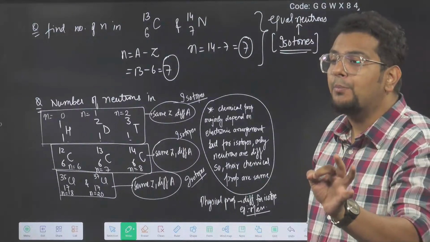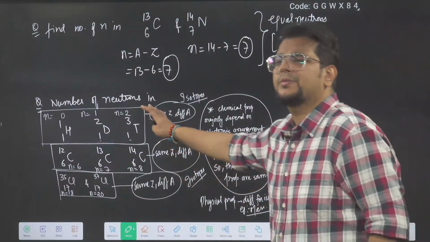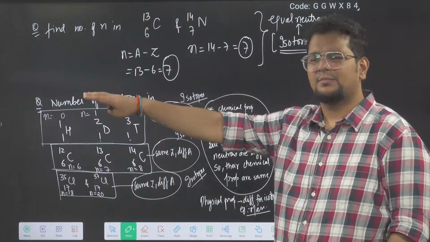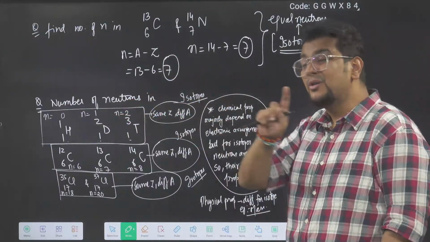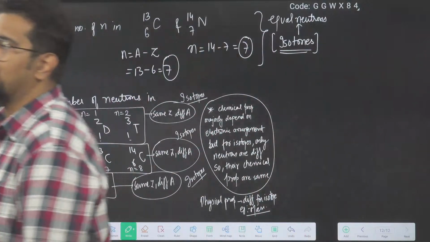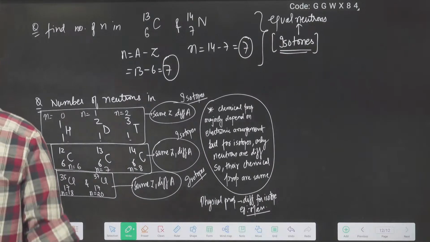Because chemical property does not depend upon number of neutrons. And isotopes have same number of protons. All the three have same number of electrons. Neutron only is different, which has no major role in the chemical property. Say bhai, clear or not clear?